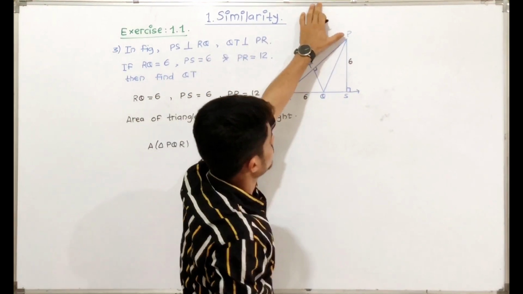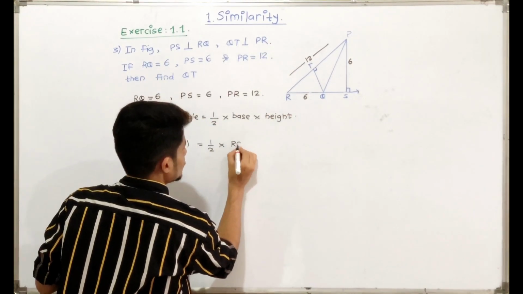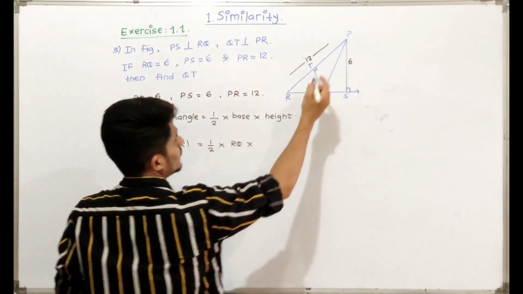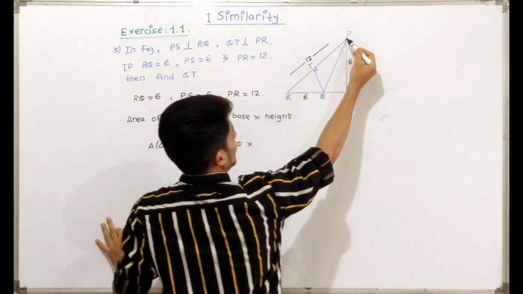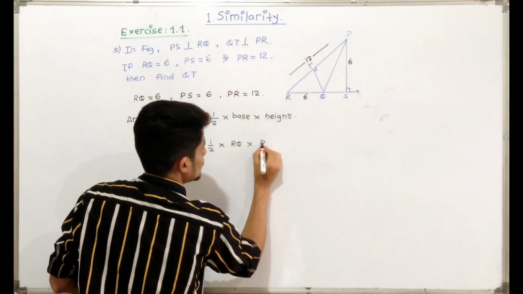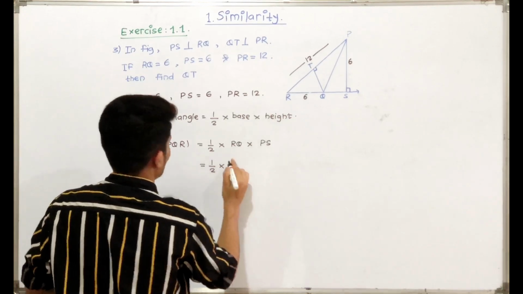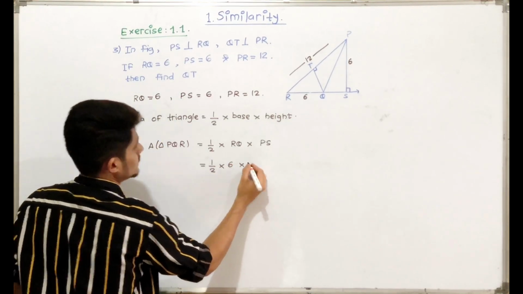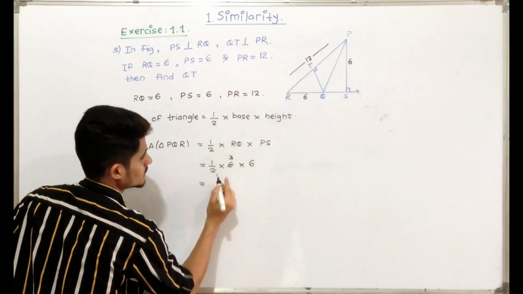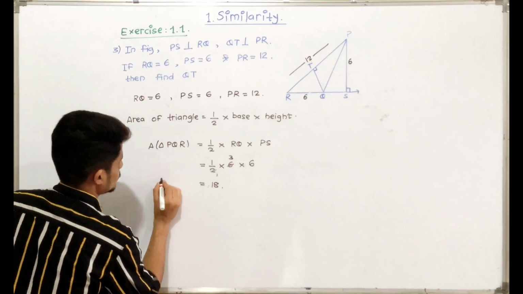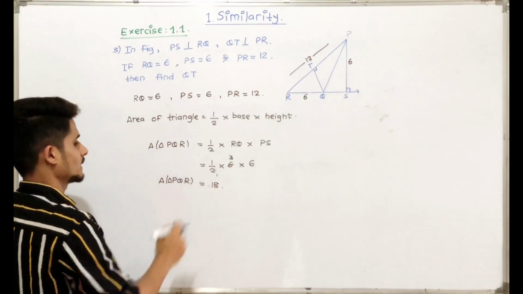The base is RQ and the height is PS. RQ is 6 and PS is 6. So 2 1s are 2, 3 3s are 18. So the area of triangle PQR is 18.